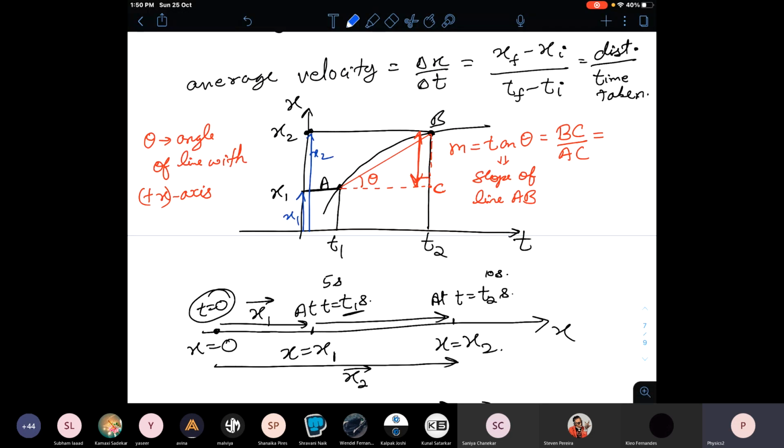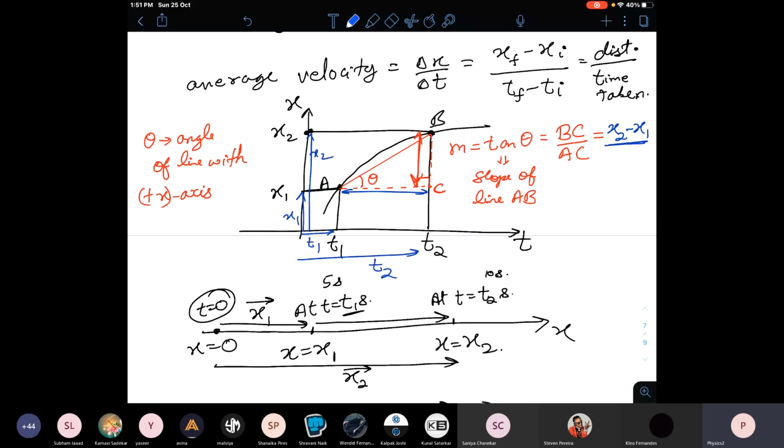So BC is x2 minus x1. Similarly, if I'm asking you what is the value of AC in terms of time, this till here is t1, till here is t2.